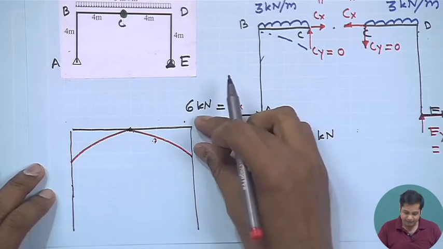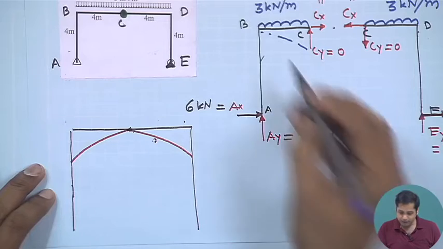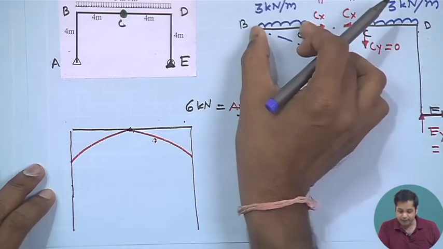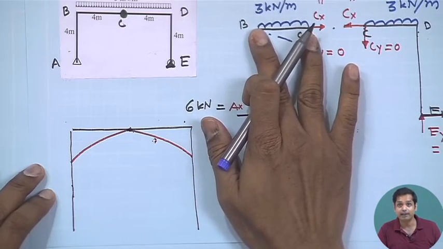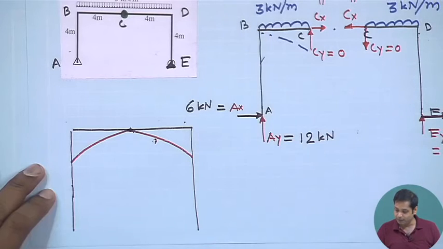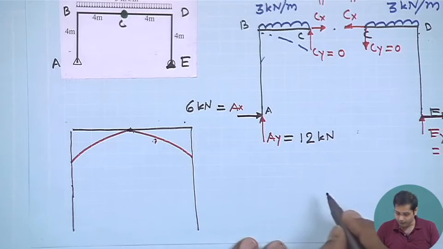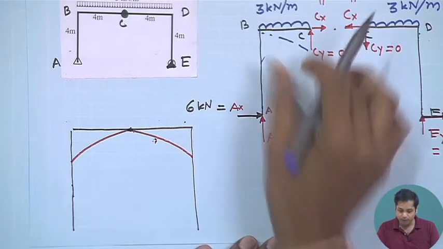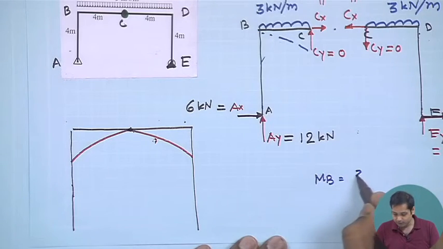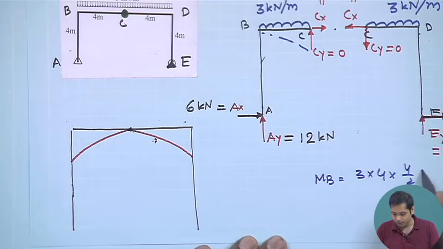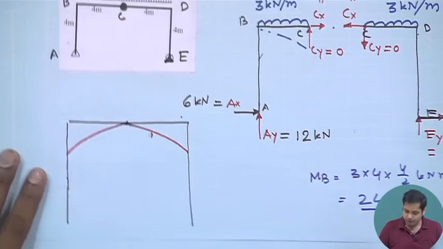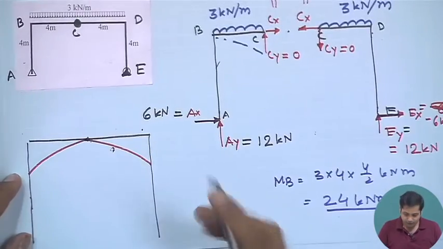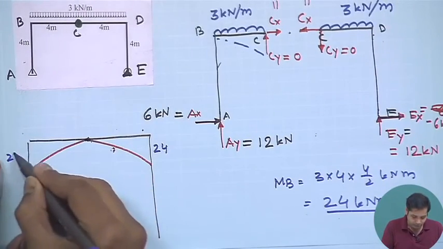What will this value be? It is the moment at B because of the entire loading on this length. The length is 4 meter, so MB is 3 into 4 into 4 by 2, which is 24 kilonewton meter. So this value will be 24, and this value will be 24.